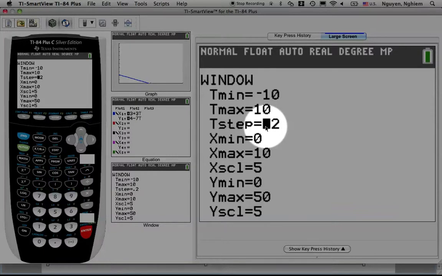And so for an example like this, I like to go somewhere in between small and big, and I'm going to make it about 0.2. So this is between -10 and 10, so it's going to make about 100 different steps for t, okay? And that'll give me a good balance between accuracy and speed.